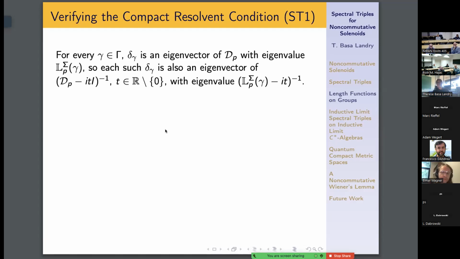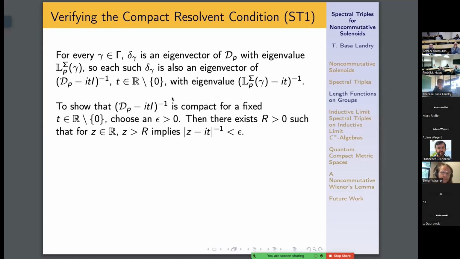Note that the Dirac functions are eigenvectors of this Dirac operator, with the eigenvalues being the length of the corresponding element of the group. So this means that the eigenvectors of the operator, the Dirac operator minus i t times the identity inverse, have this particular eigenvalue.